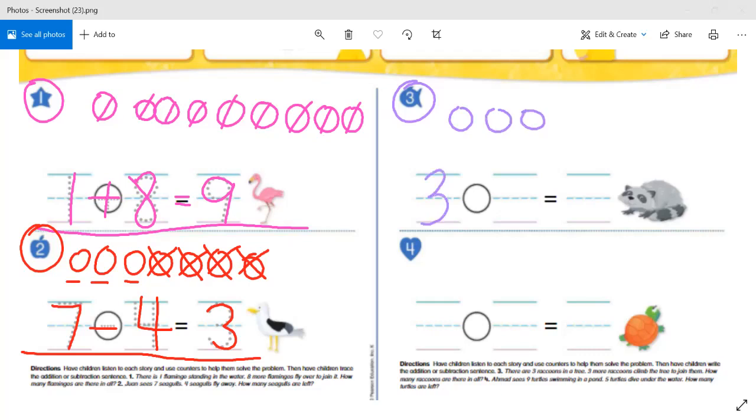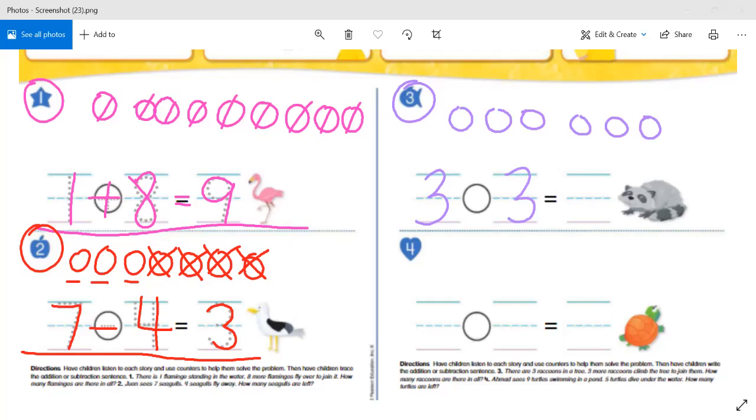So we're going to write 3 right there. 3 more raccoons climb the tree to join them. How many raccoons are there in all? So 3 more raccoons climb the tree to join them. So I'm going to put 3 more counters here. And I'm going to put 3 here.